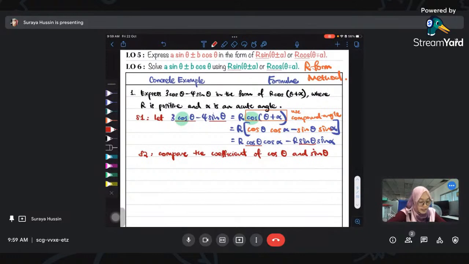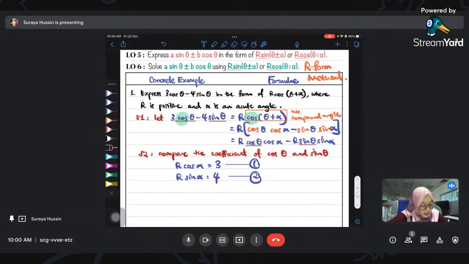Okay, compare it and you will get 3 is equals to R cos alpha. Ataupun saya lebih suka tulis dulu yang R di depan. R cos alpha is equals to 3. This will be our first equation. Second equation is R sin alpha is equals to 4. This will be our second equation.